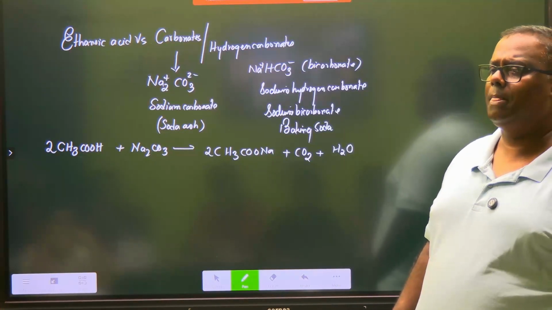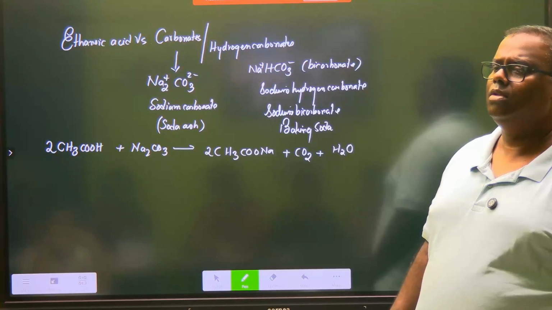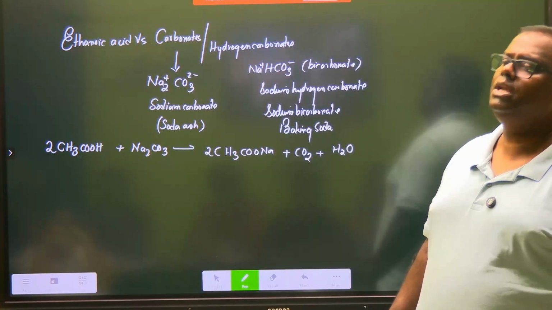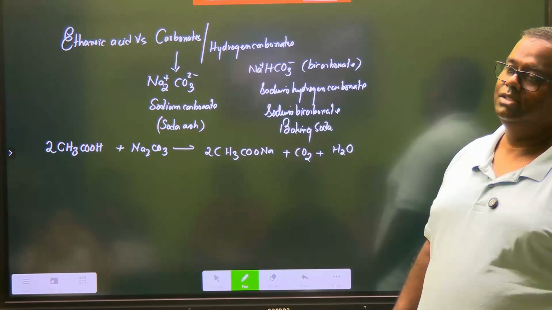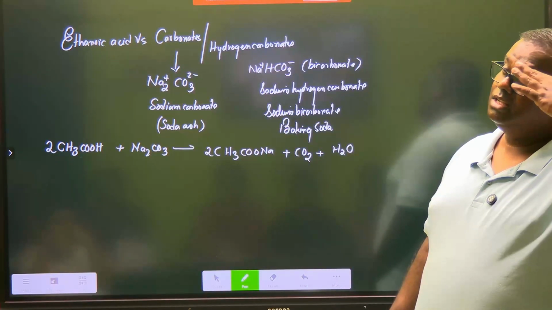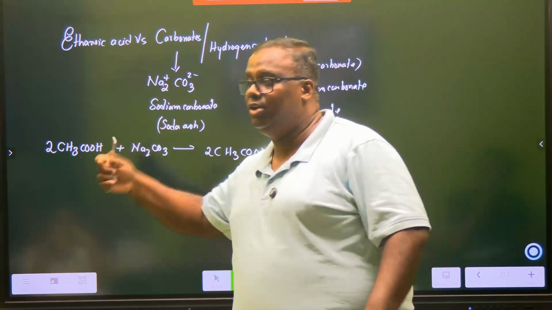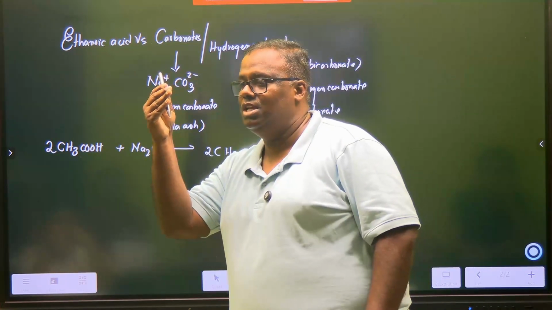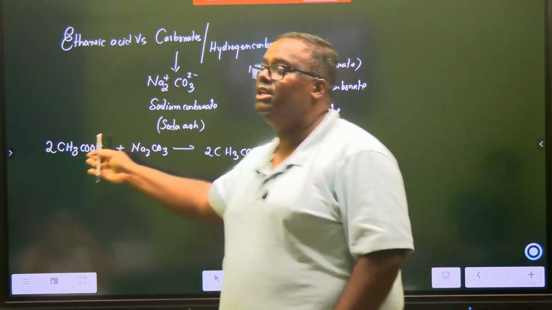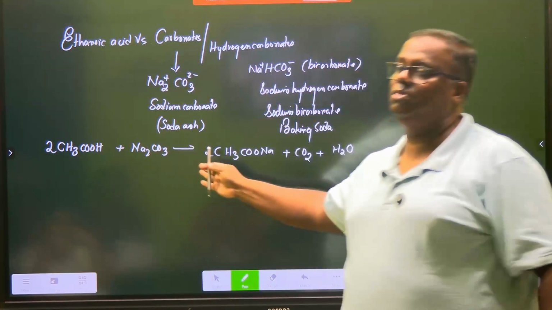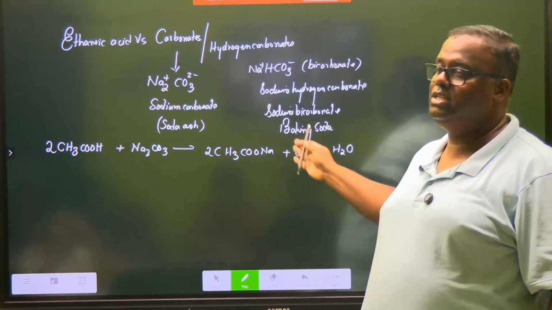Why not? All acids react. Bring any other acid. This is from the acid family. CH3COOH, ethanoic acid. Now, I don't know whether that is an acid or not. I am performing an organic acid test. This is a confirmatory test. Acid reacts with metal carbonate to release a gas.